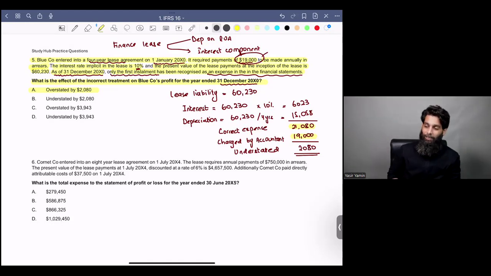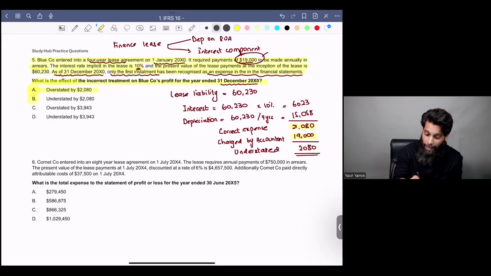Okay, there is one more question that I need to answer: sir, the answer is not B, so why is the answer A and not B? The question is, what would be the effect of the incorrect treatment?